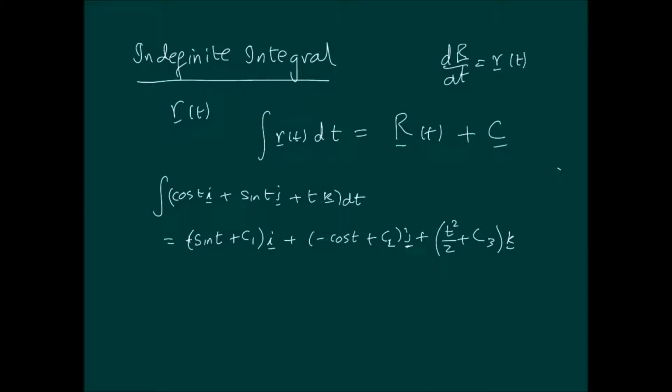So that would be our indefinite integral, and of course we can write it as sine t i minus cos t j plus t squared over 2 k, plus c, where c would be the vector c1, c2, c3.